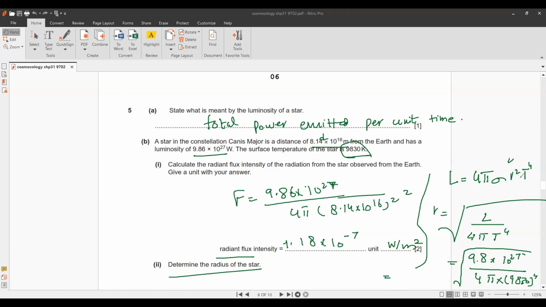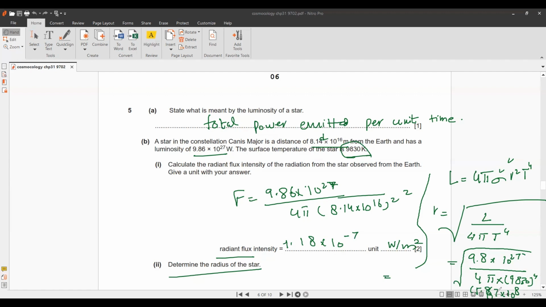Oh, we missed the Stefan constant. Sorry, we need to put the constant in, which is 5.67 into 10 raised to power minus 8. Let me calculate it at my end as well.